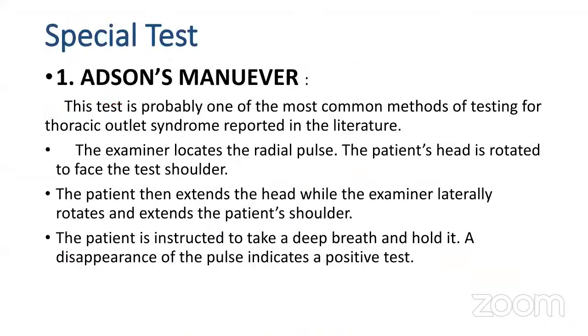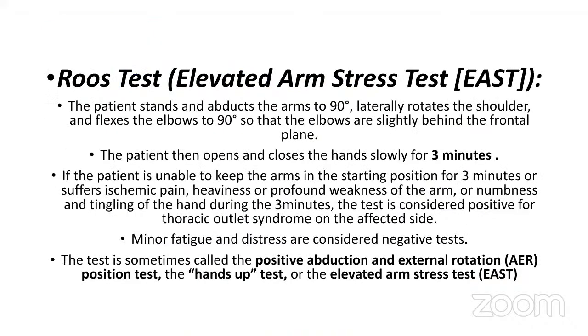If the patient is unable to keep the arm in the starting position for 3 minutes, or suffers from ischemic pain, heaviness or profound weakness of the arm, or tingling numbness of the hand, then the test is considered positive for thoracic outlet syndrome.